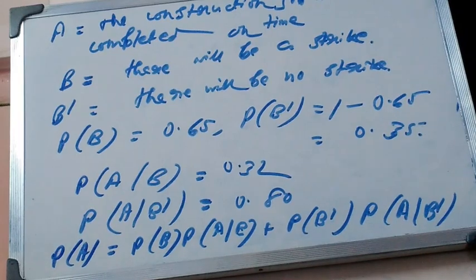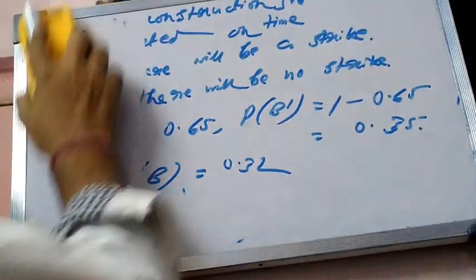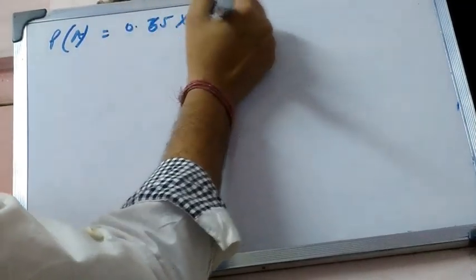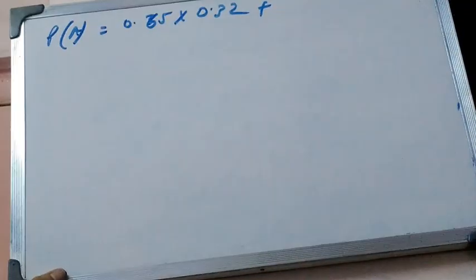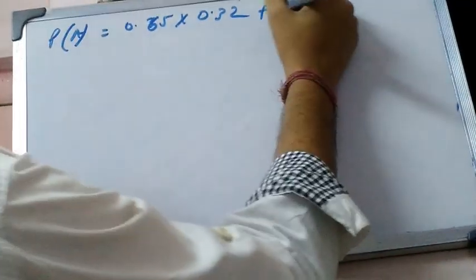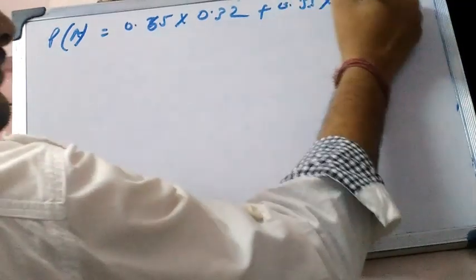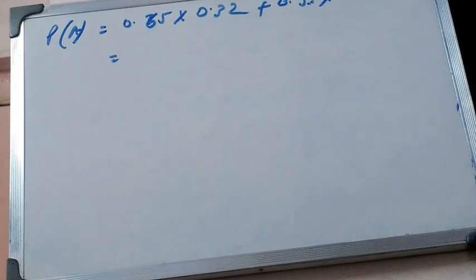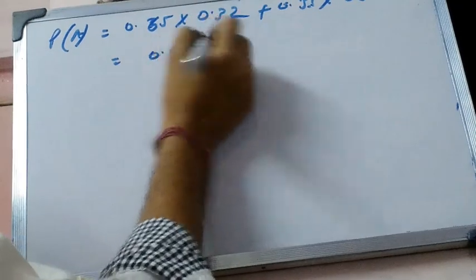Now we will put the values and we can get the answer. Probability of A is equal to 0.65 into 0.32 plus 0.35 into 0.80. So we can calculate this and find the value 0.488.